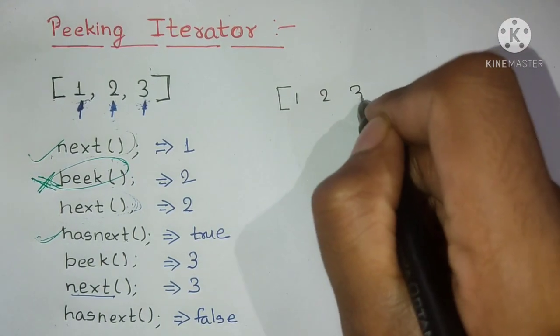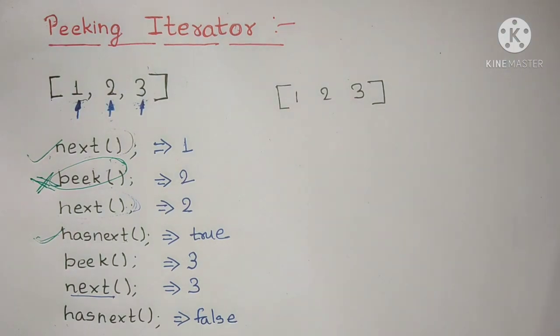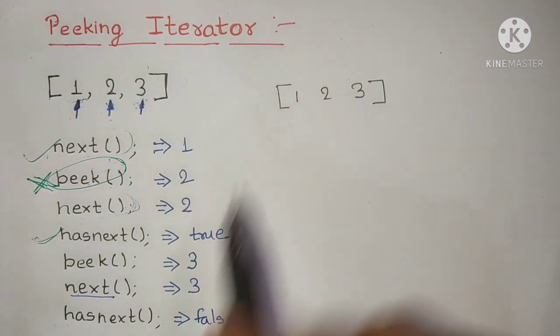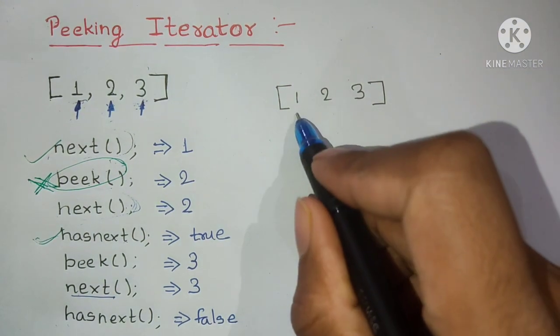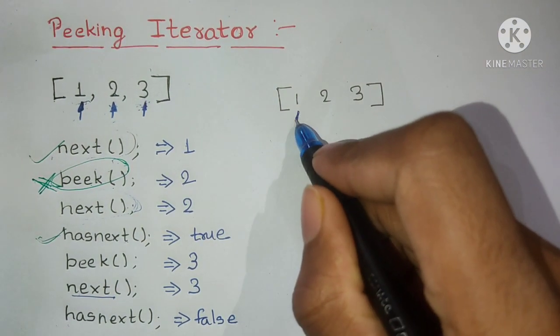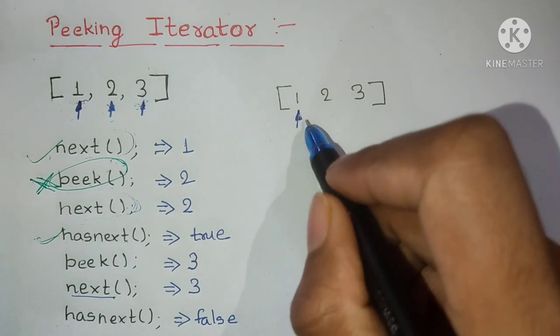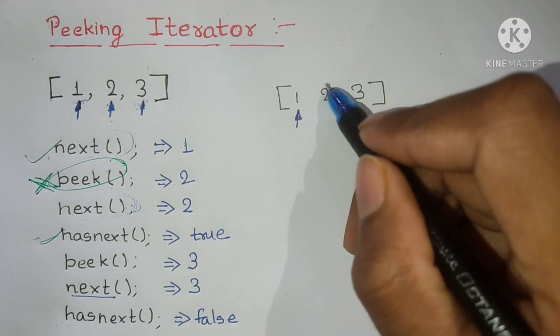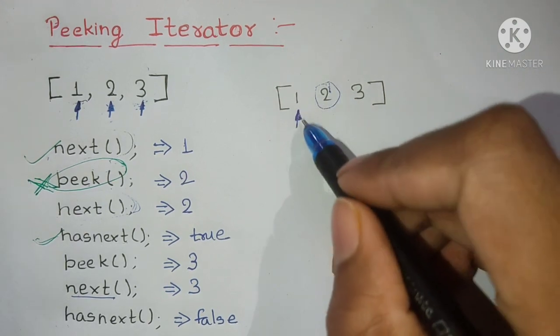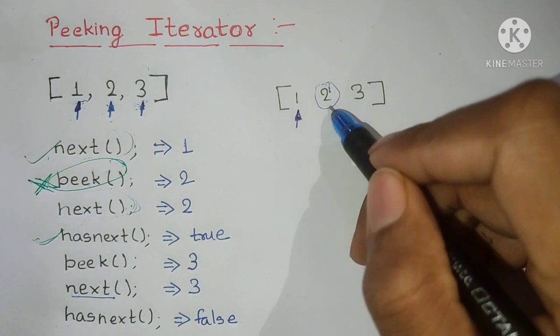Our given array is 1 2 3. Suppose that currently our pointer is pointing at 1. Then our peek function should return this 2, and also it should not increment this pointer to 2.